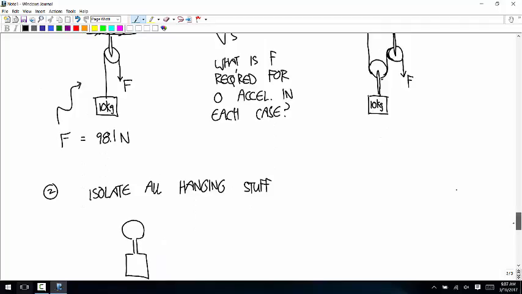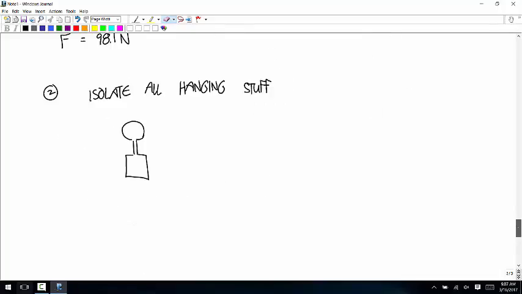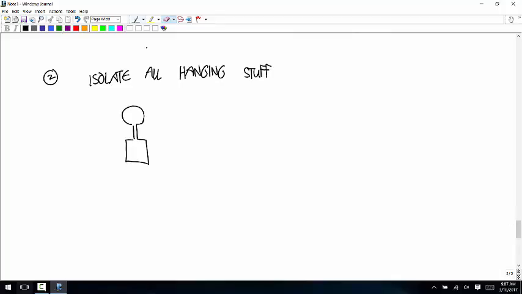And I think I mentioned before that if you ever get confused about how to apply those cable forces, you can include a little bit of the cable, little stumps of cable from where the cable touches things. So we have a downward weight force of 98.1, and then go around until you get to 2 contact points.